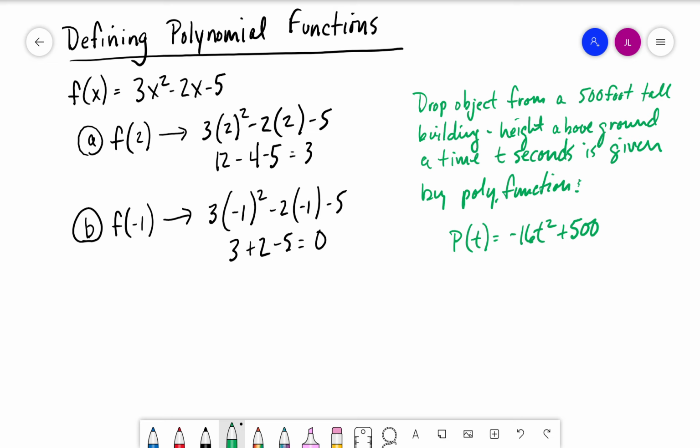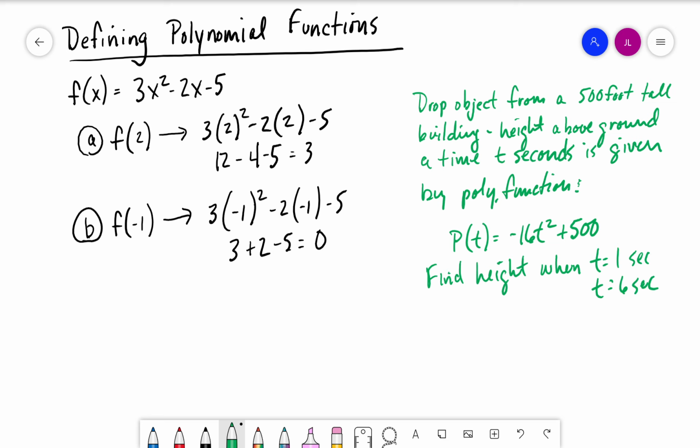Now, we want to find the height when t equals 1 second, and when t equals 6 seconds.